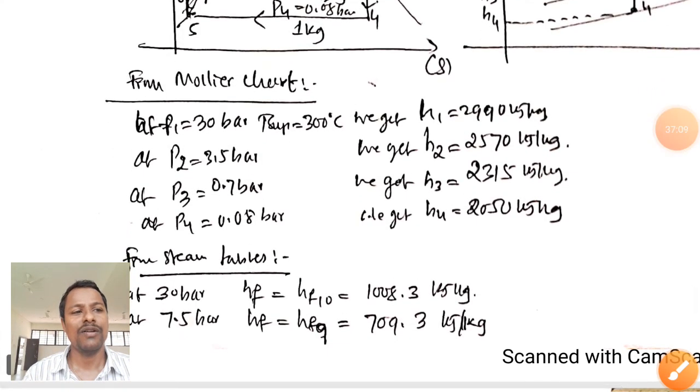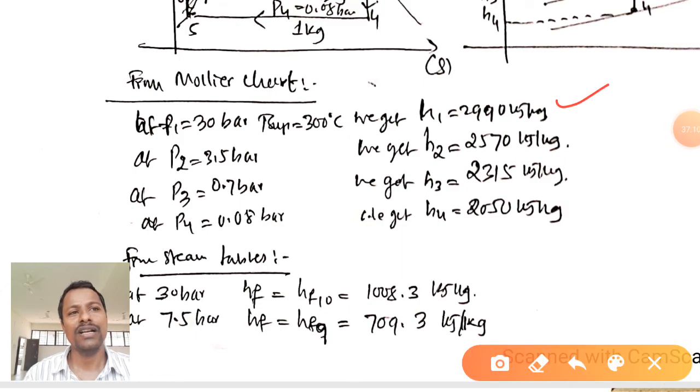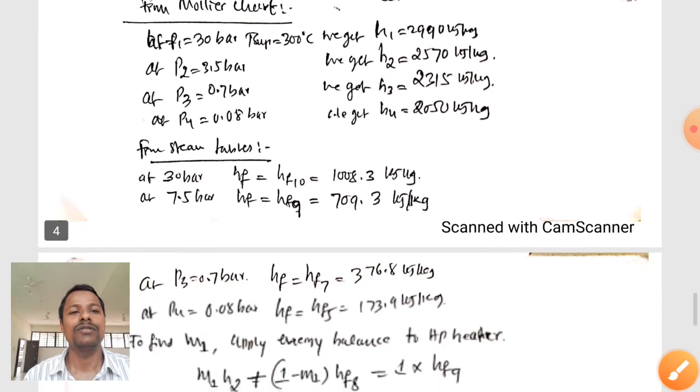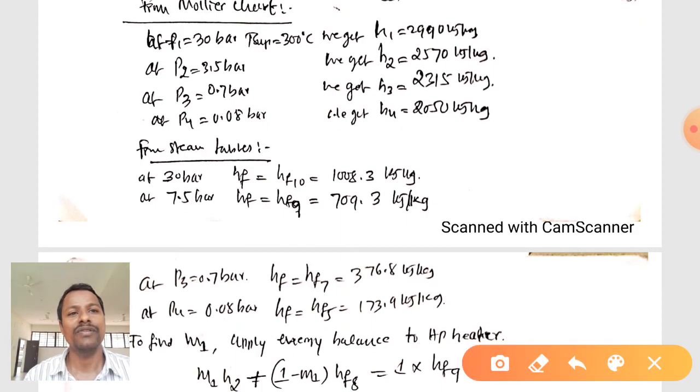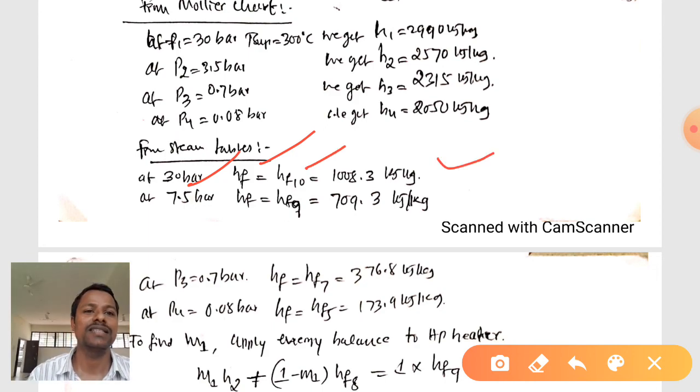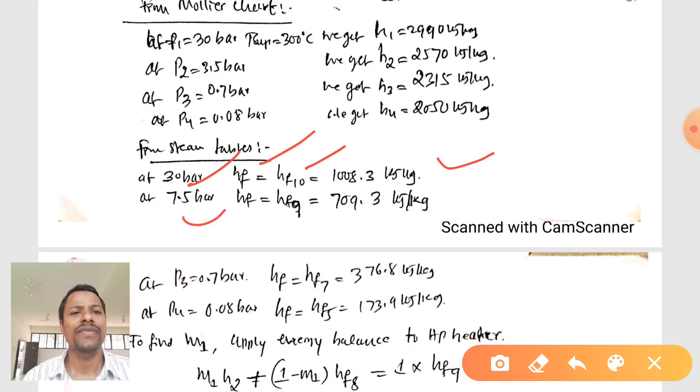Now, after obtaining the values, we have noted down H1, H2, H3, H4 from the procedure that we saw on the screen. From the steam tables we can note down at 30 bar the HF value, that is HF10. At 7.5 bar we have the HF value as 709.3 kilojoule per kg, and we know how to refer to the steam table.